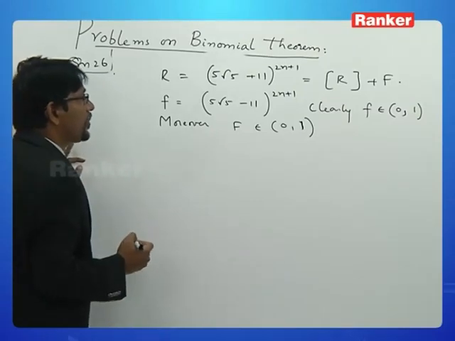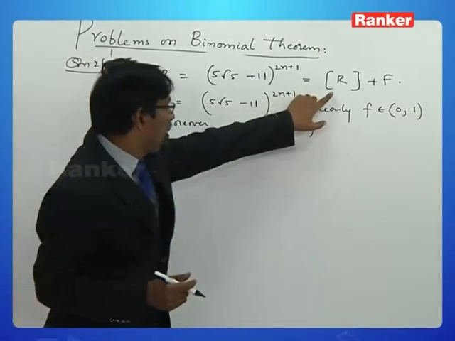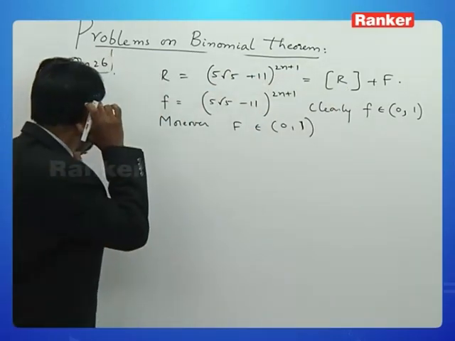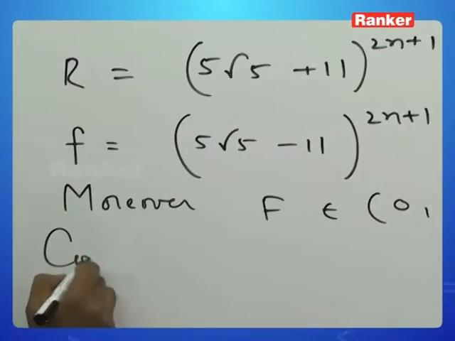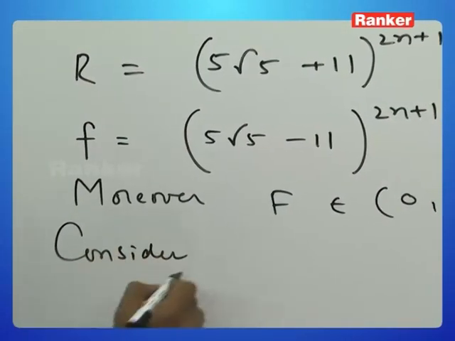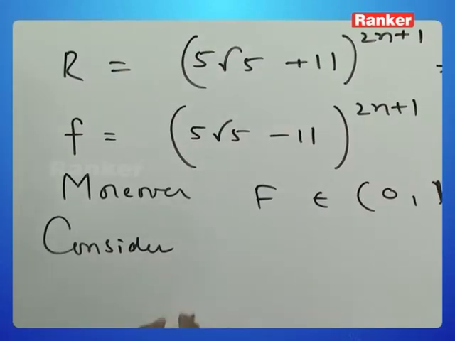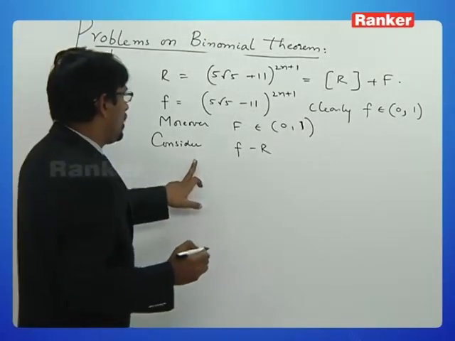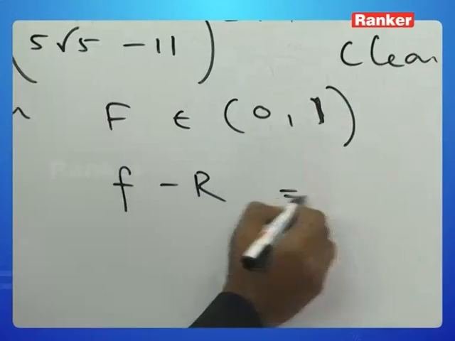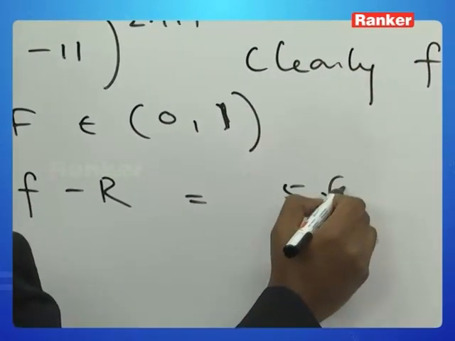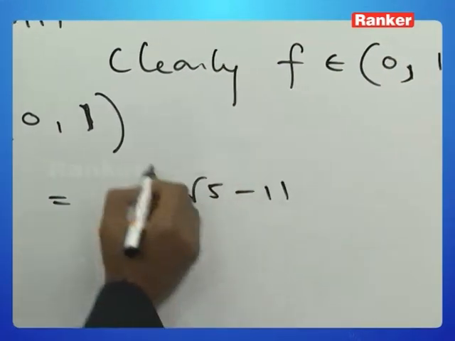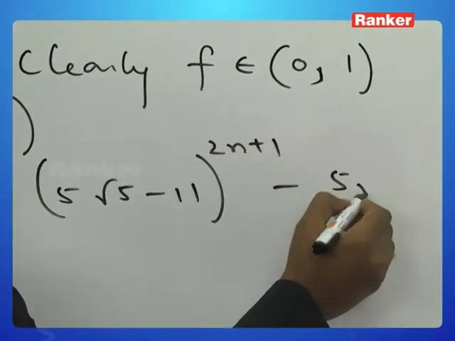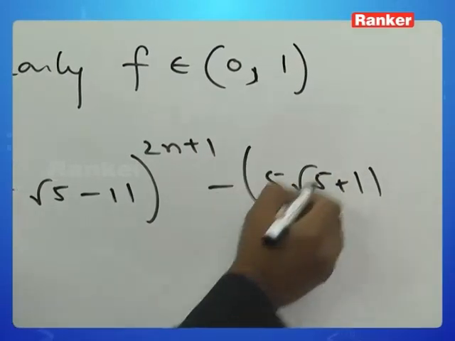Now what you do is consider f minus R. What is that? (5 root 5 minus 11) raised to the power 2n plus 1 minus (5 root 5 plus 11) raised to the power 2n plus 1.